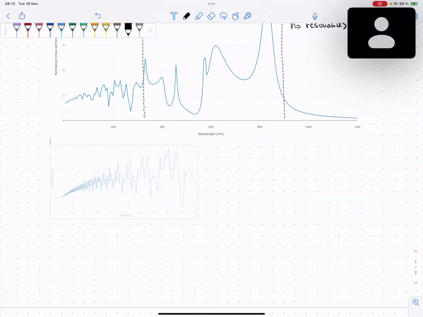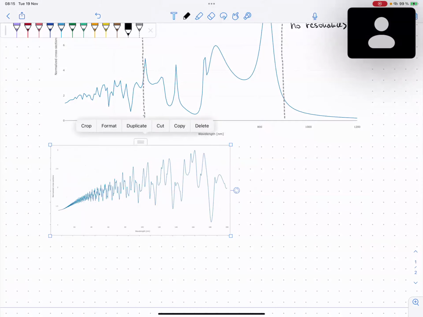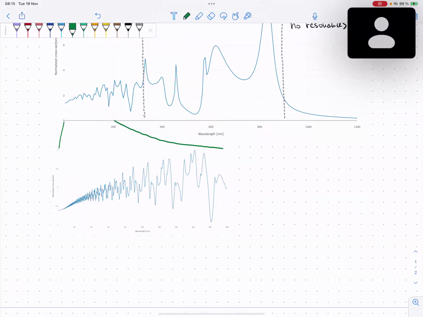This is the part from 0 to 200 nanometers.